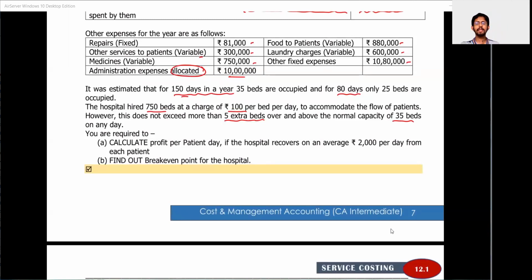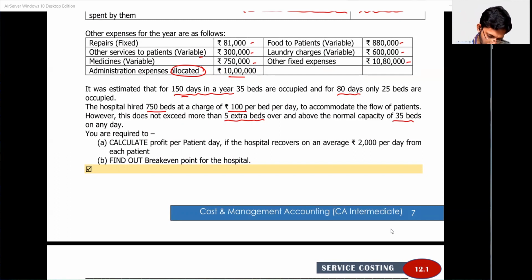Okay, so for the 35 beds that were available with the hospital, you don't have to hire anything, but on some days your requirement was more than 35. So they had to hire from outside. Now whatever be the number of beds hired on a particular day, it does not exceed 5 additional beds. So maximum it will be only 35 plus 5, 40, not more than that.